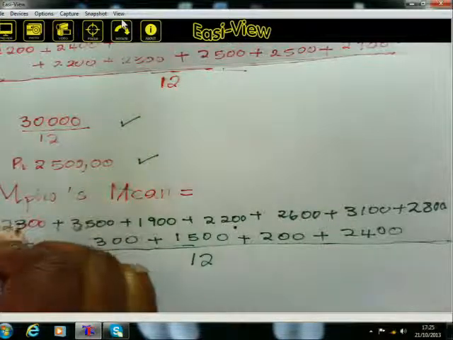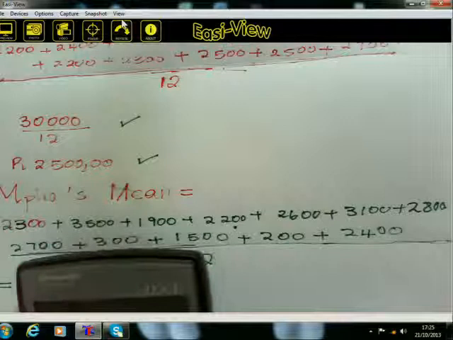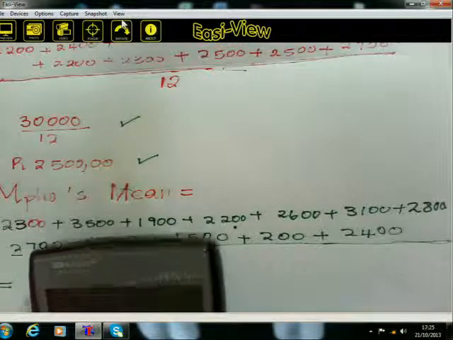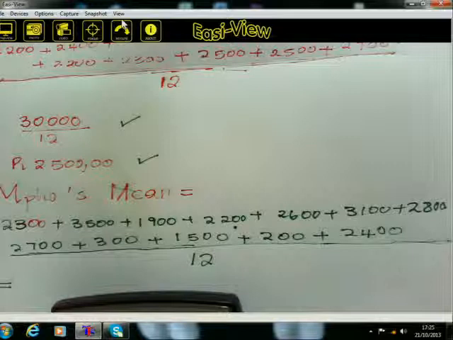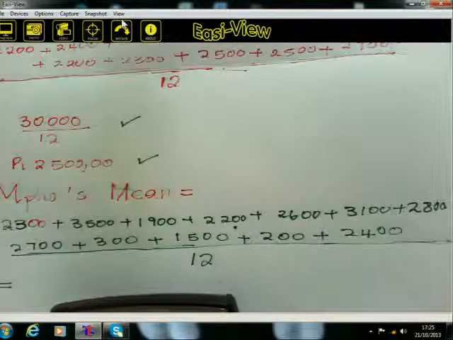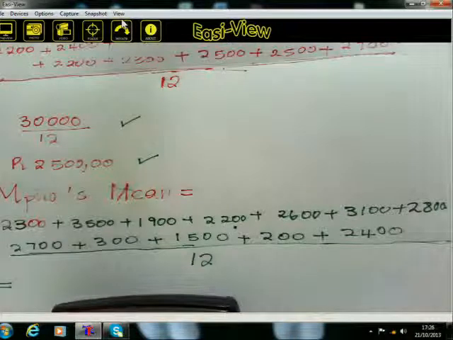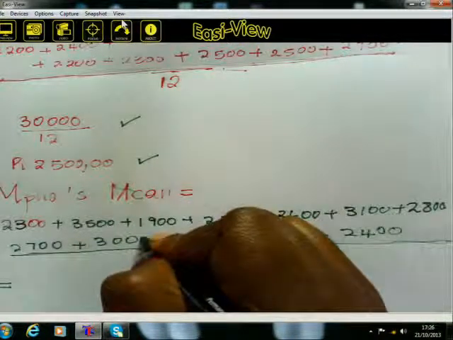Here is 2,300 plus 3,500 plus 1,900 plus 2,200 plus 2,600 plus 3,100 plus 2,800 plus 2,700 plus 3,000.